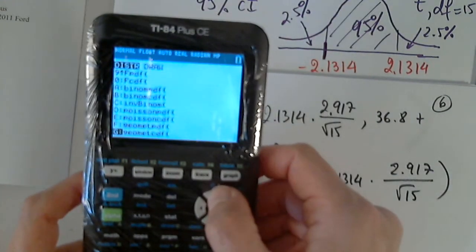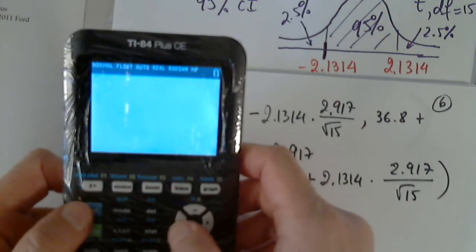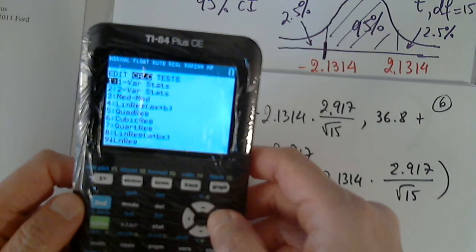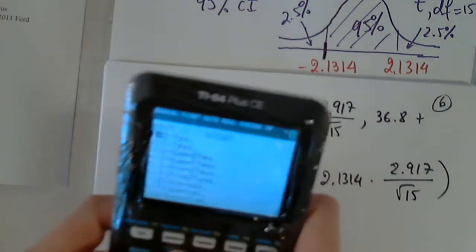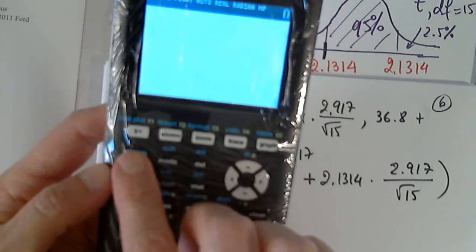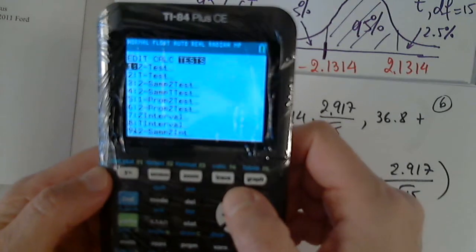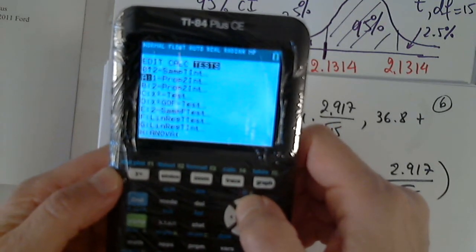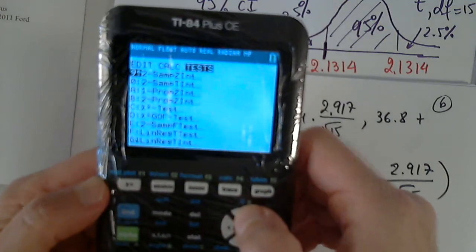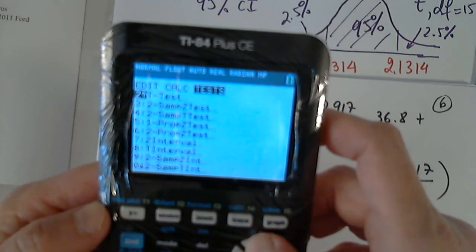Not with this, not with this, with this. With tests. Okay, so from scratch, stat, go to tests, and try to look for one sample z t interval.